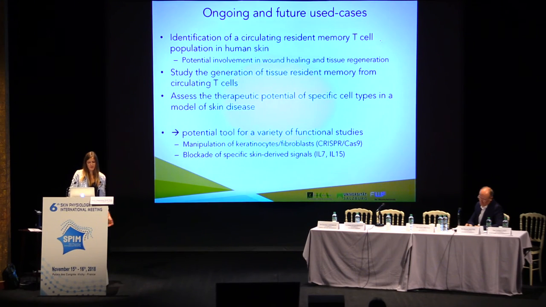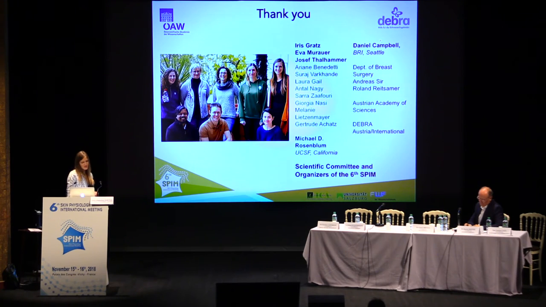And by blockade of specific cytokines, such as IL-7, we could study the impact of these cytokines on a normal immune system. And last but not least, I think a lot of therapeutic components, or the safety of therapeutic components, could be tested using the model.